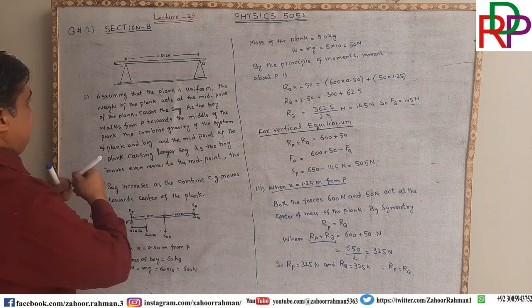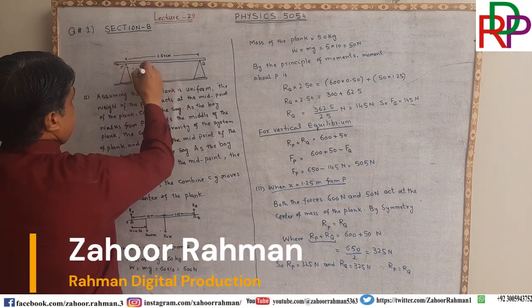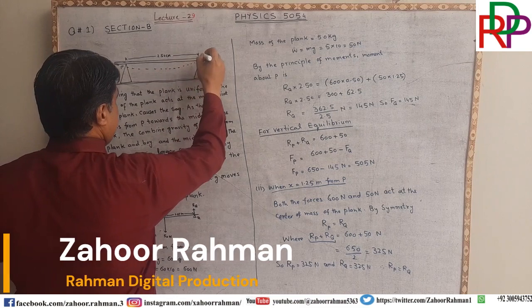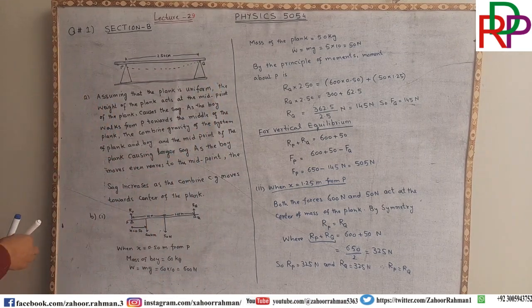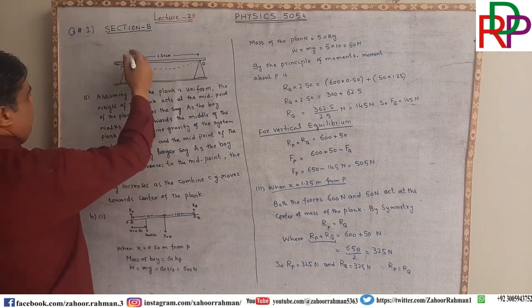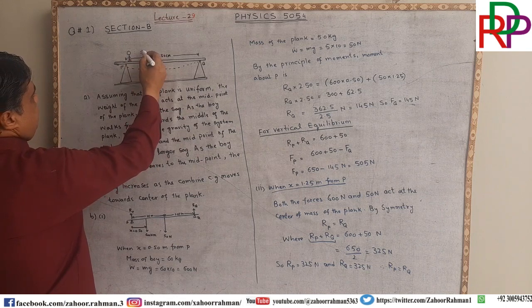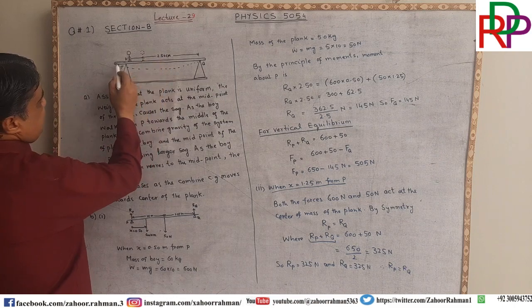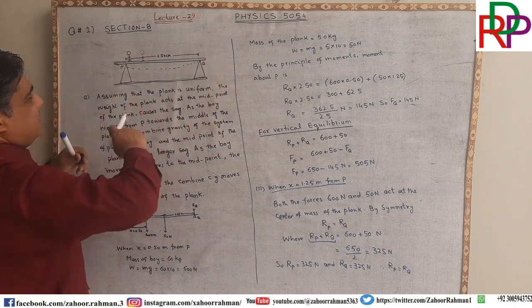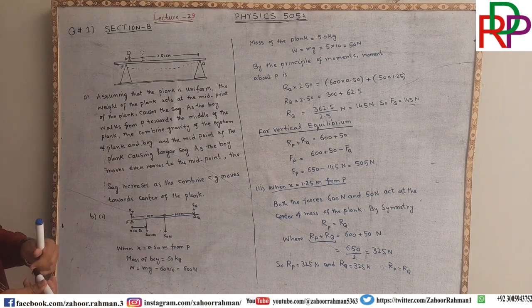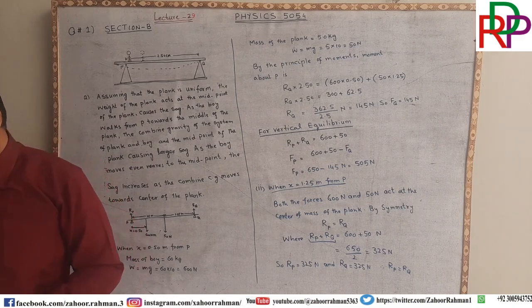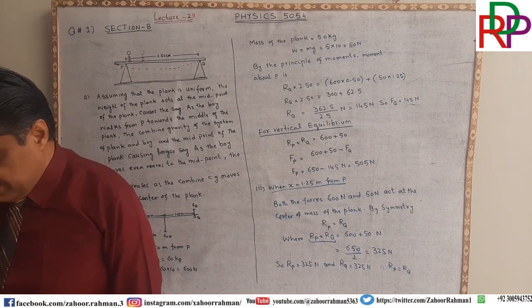Sags means that it is becoming like this. When a student is moving from one point to another point, it means that this plank is sagging. It becomes a curved shape. So the student is walking along the plank.